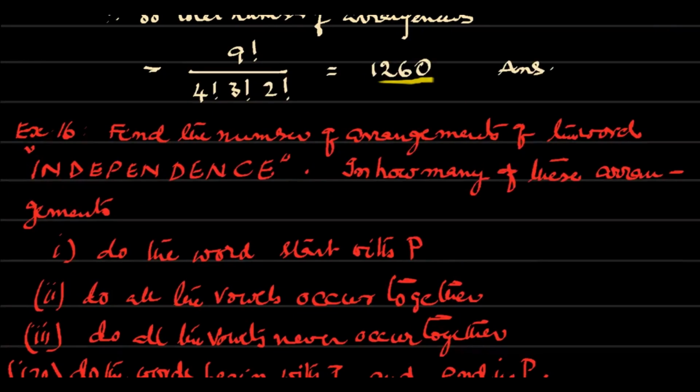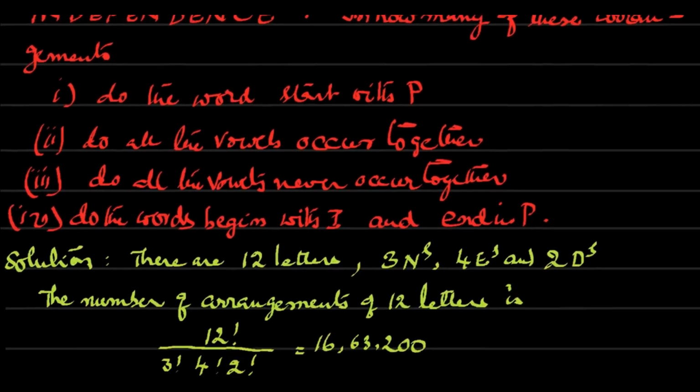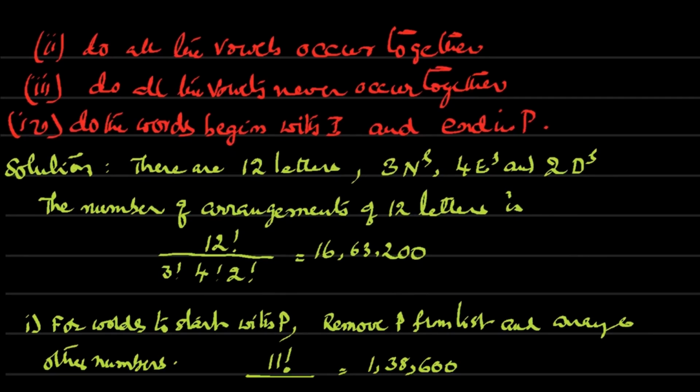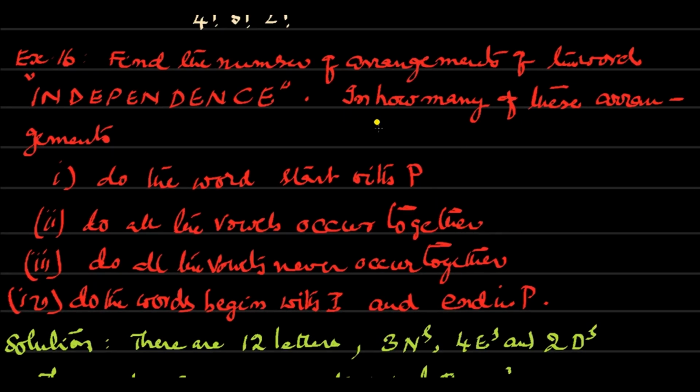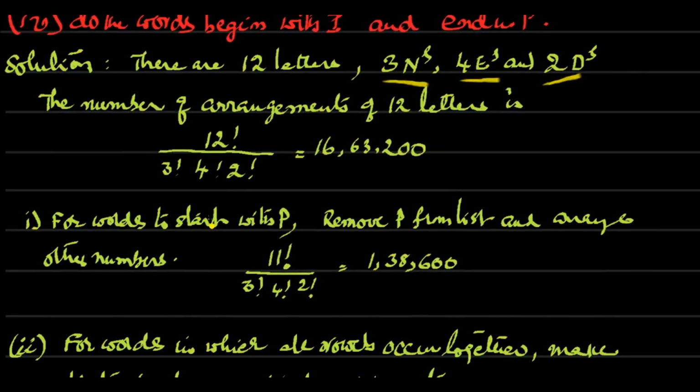There are 12 letters here. Independence, 12 letters. And there are 3 N's, 4 E's, 2 D's. So the total number of arrangements of 12 letters, taking all 12 at a time, will be factorial 12 divided by the repetitions: factorial 3, factorial 4, factorial 2.